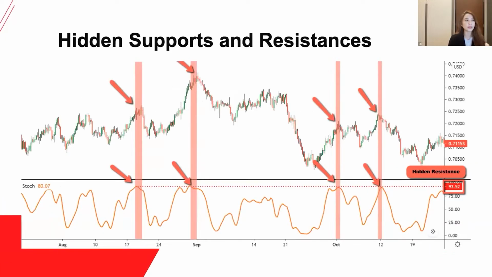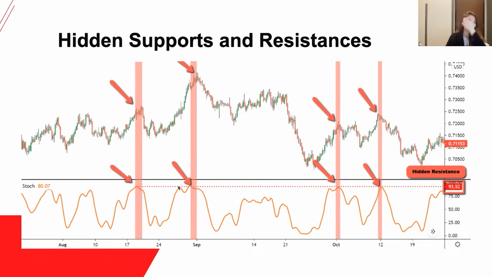However, if you look at how the price reacts and the momentum it carries in the stochastic indicator, you can see on these four red highlighted areas, the price reactions, the peaks of the reaction. At the peak, we are seeing 93.52, way above our normal range of 80.